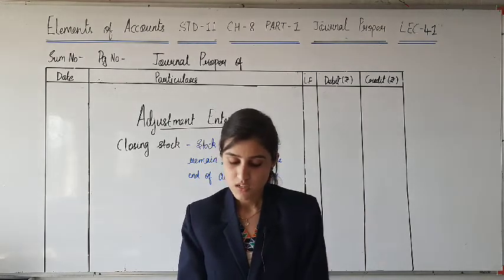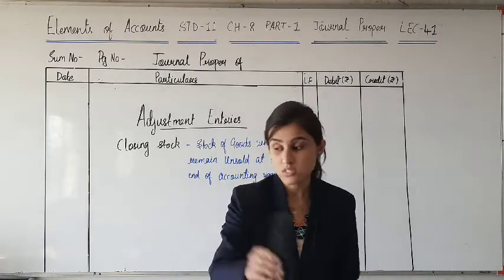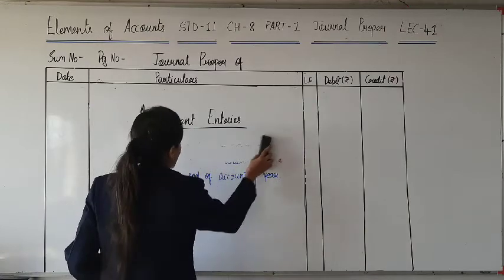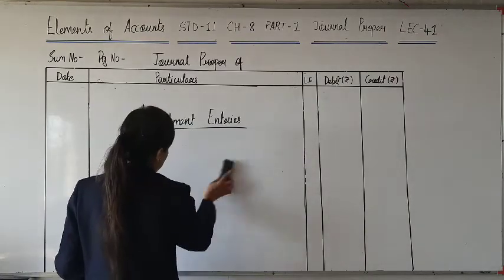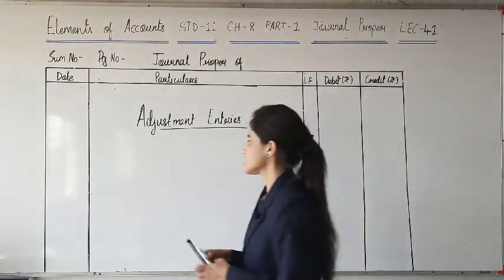Next one is salary of rupees 5,000 is unpaid. Now this is interesting to understand. You have to write down adjustment entry for unpaid salary. First of all, salary is your expense.